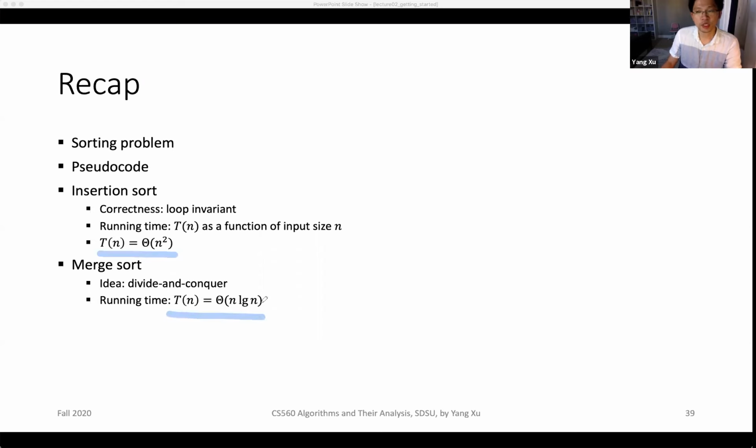And we kind of know that the second algorithm, merge sort, has a better running time because this function, n times logarithm of n, grows slower than this function. And in the next lecture, we're going to formally introduce the concept of growth of functions, so that we'll know how formally we define which function grows faster than the other.